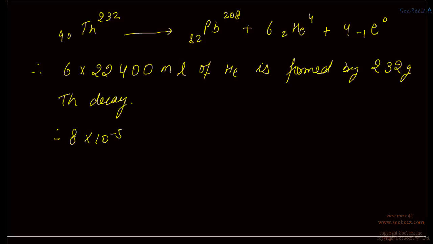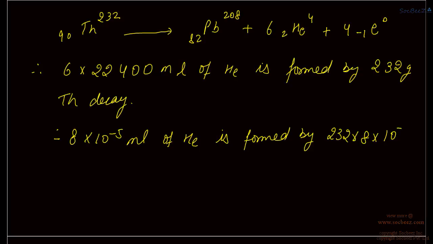Therefore, 8 into 10 raised to the power minus 5 milliliter of helium is formed by 232 into 8 into 10 raised to the power minus 5 upon 6 into 22,400 gram of thorium decay.